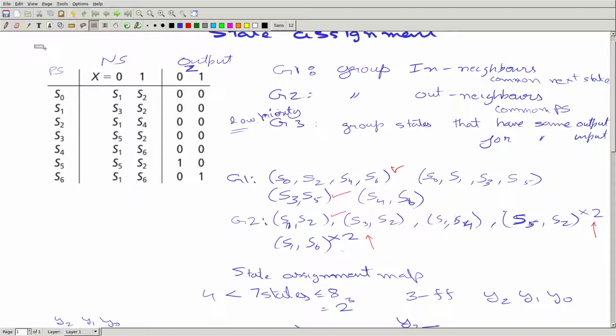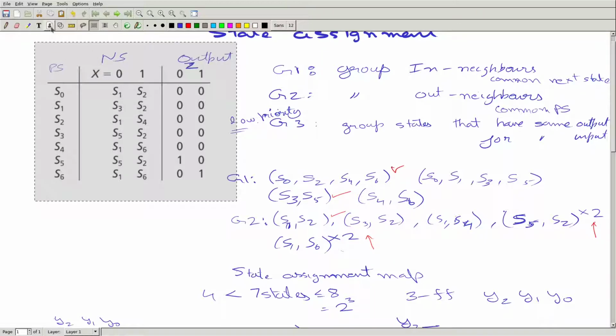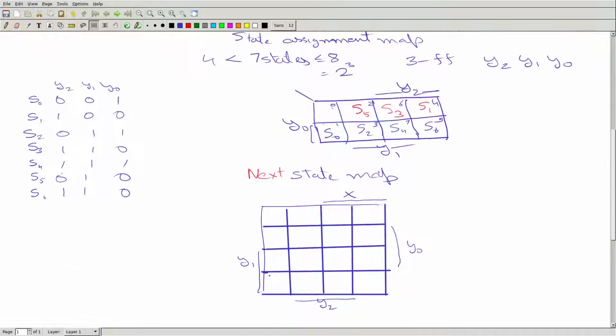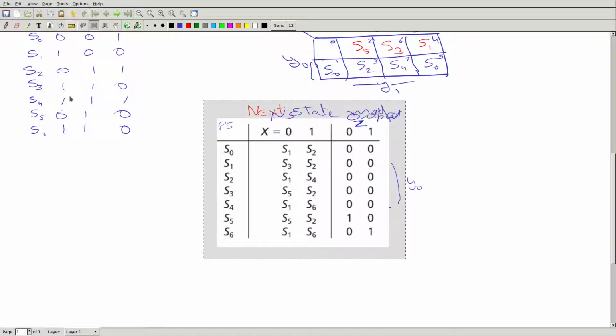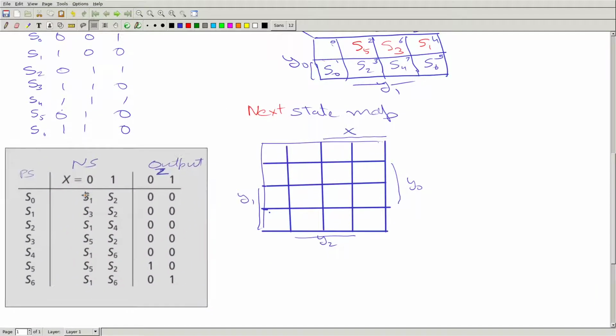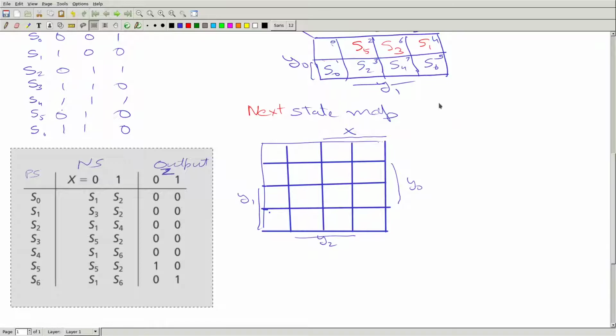And we can copy this part here, and try to draw a next state map.